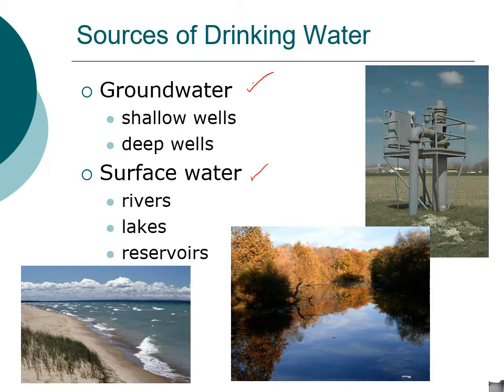When we talk about surface waters, we can talk about rivers, lakes, reservoirs. So for instance, the city of Ann Arbor uses a mixture of deep wells, groundwater, and water from the Huron River. The city of Grand Rapids pumps water from Lake Huron to the city, and it's treated.